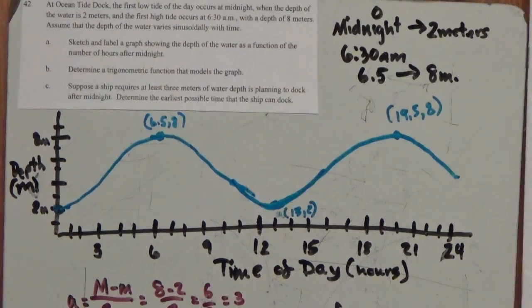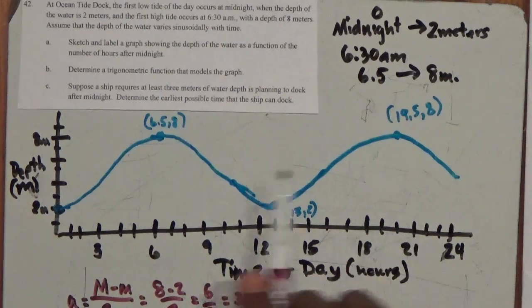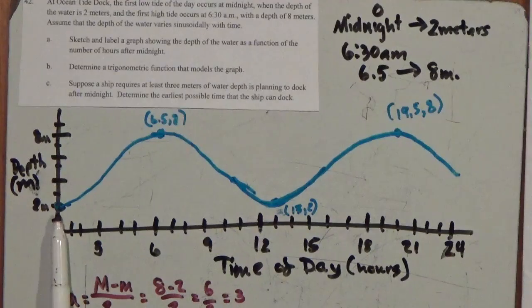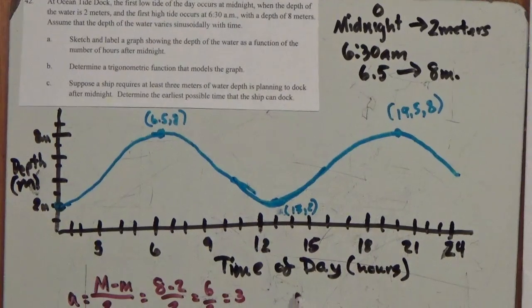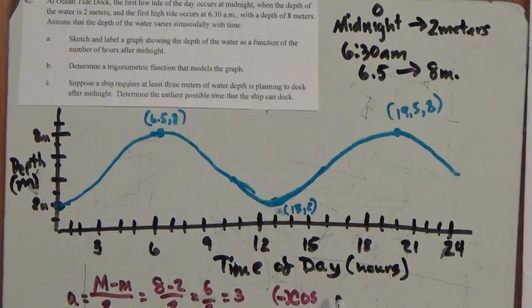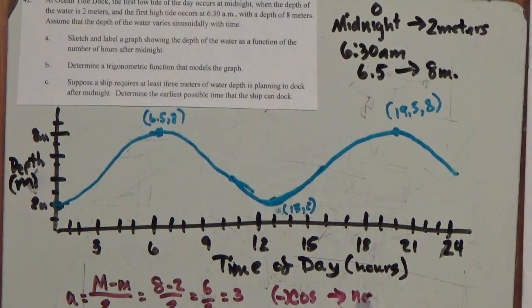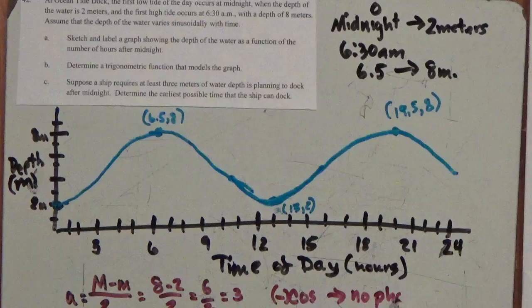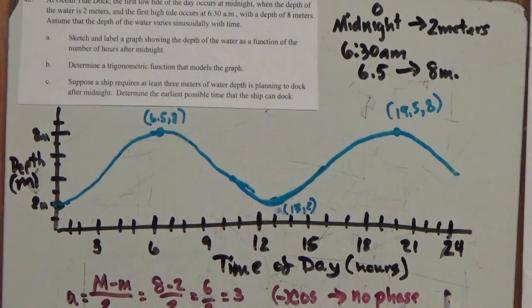Looking at the phase shift, if we write a negative cosine, we talk about the Drake song, it started at the bottom. If we use a negative cosine equation, then we have no phase shift, and that's okay.